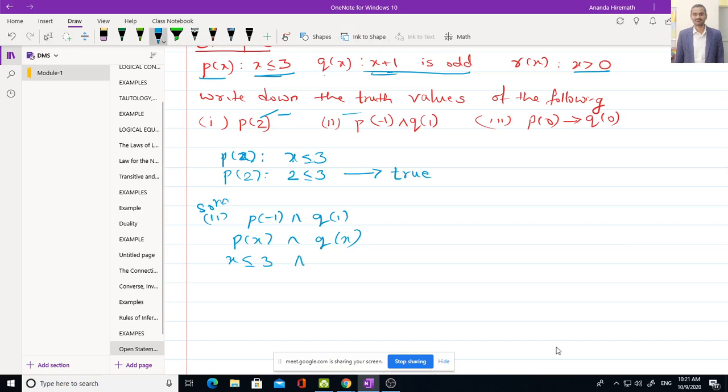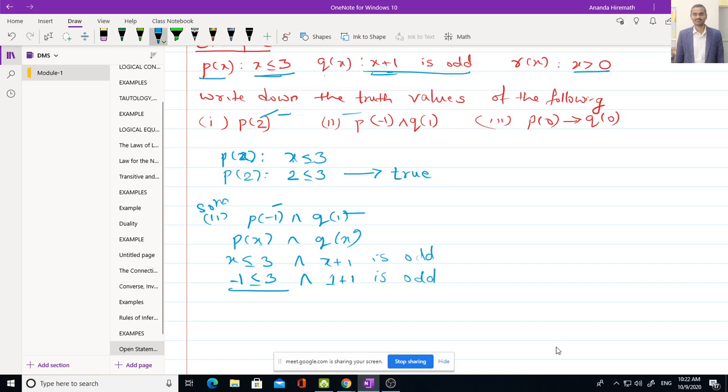Here it is, x plus 1 is odd. Now the value of x should be taken as minus 1 for p of x, and the value of x should be taken as 1 for q of x. So here minus 1 is less than or equal to 3. This is one statement. Now x plus 1, in this case x will be 1, so 1 plus 1 is odd.